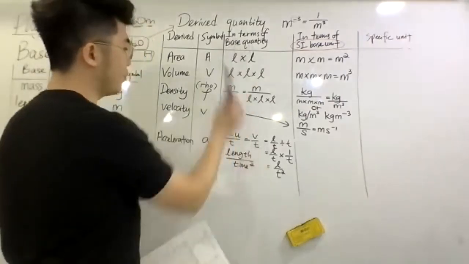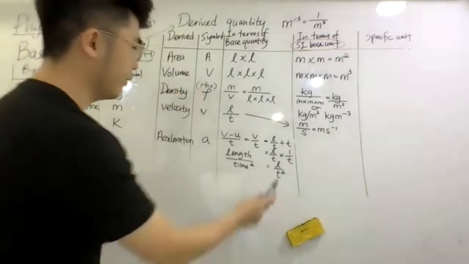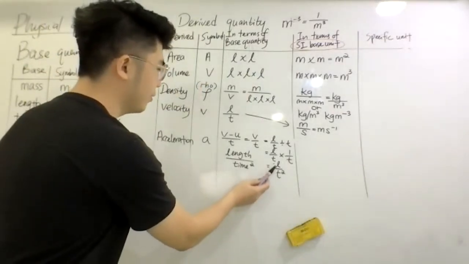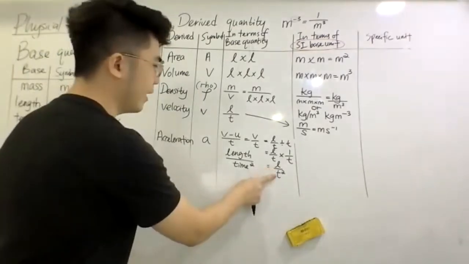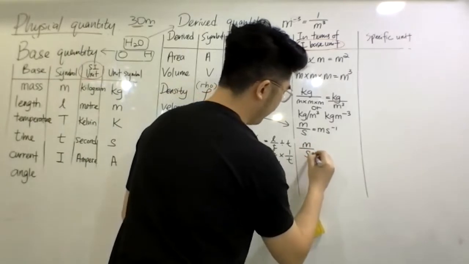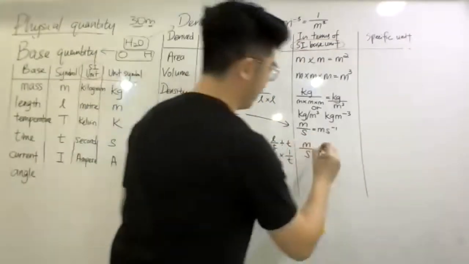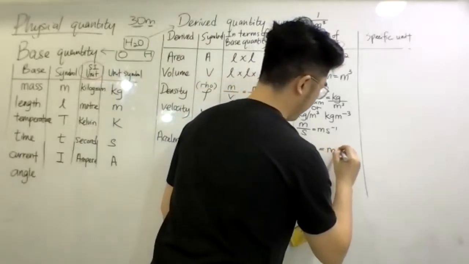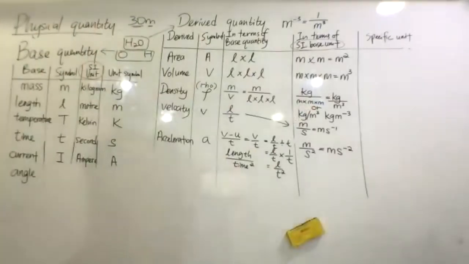Okay, all of it is base units. Now I want to find its unit, so I directly change this to units. Length over time squared. Length is meter, over second squared. Meter per second squared. That's how you get the acceleration.